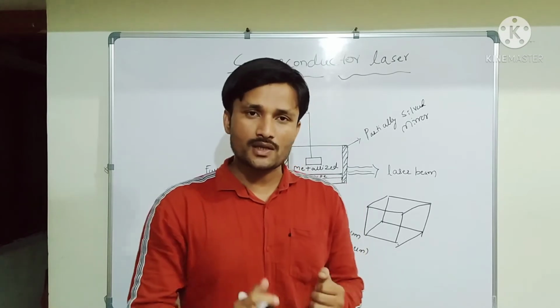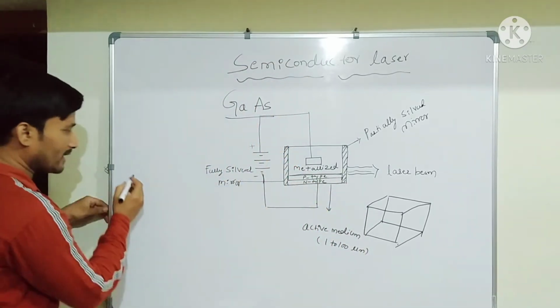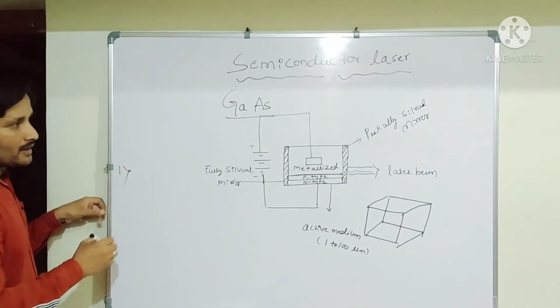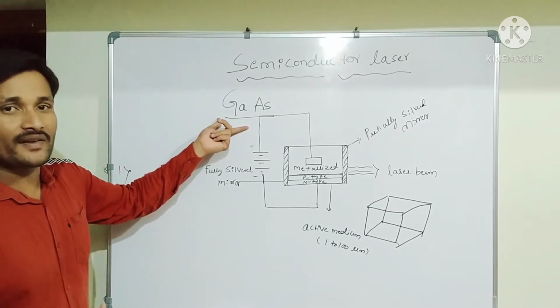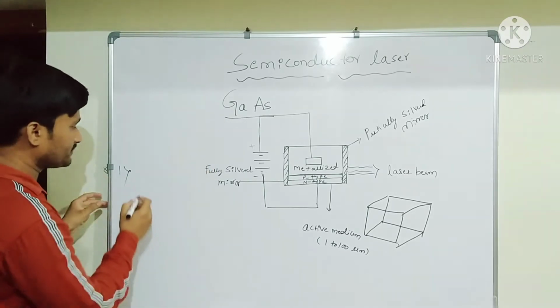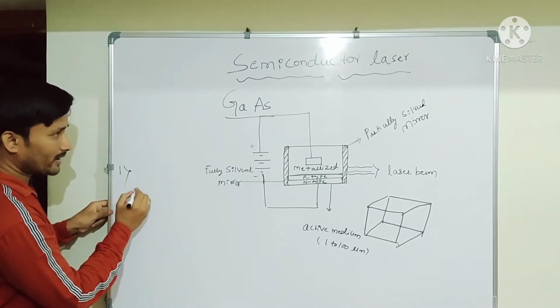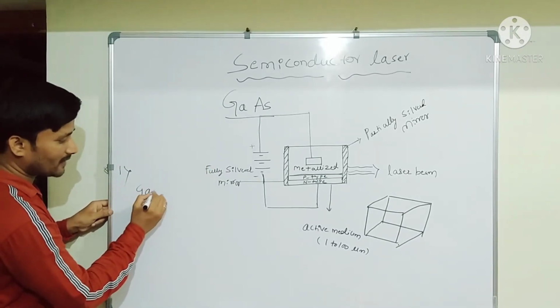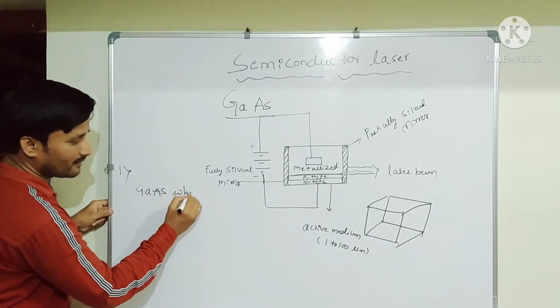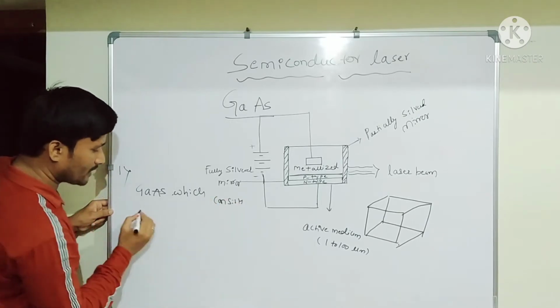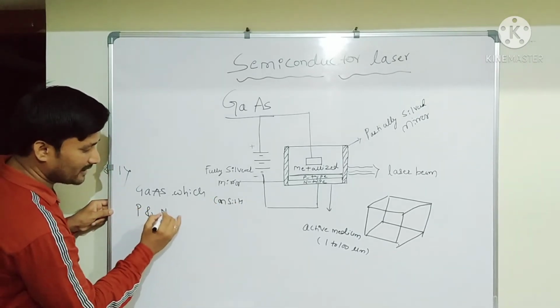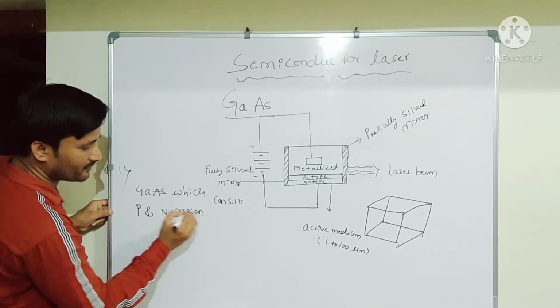Moving on to the construction, the first important point: the gallium arsenide consists of P and N regions.